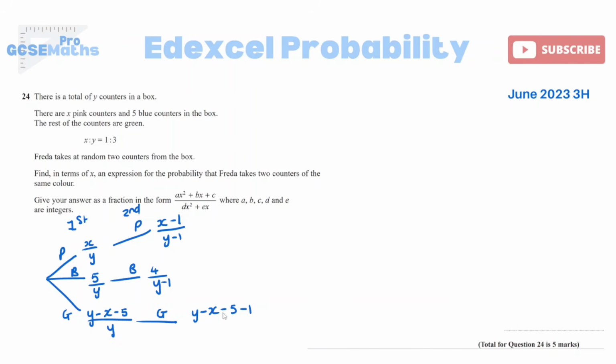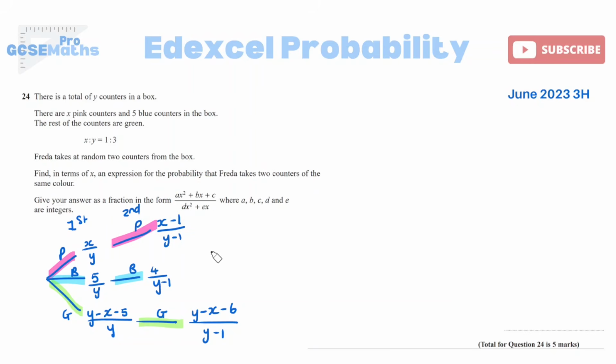So that overall I'm going to make minus 6. And then over y minus 1 because we've taken out a counter previously. So that's our probability tree for the options that are actually relevant to picking 2 of the same colour. So Frida can either get 2 pink, 2 blue, or 2 green. And that would equal to this in the end.